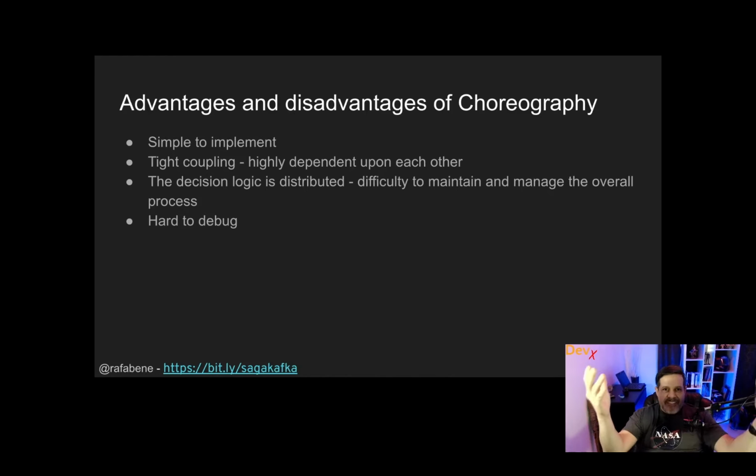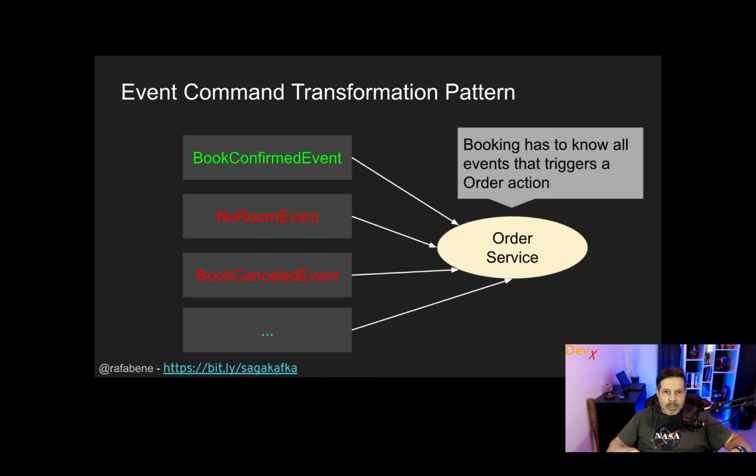So what are the advantages and disadvantages of choreography? Well, first, choreography is really simple to implement. You saw it's really simple, but we have tight coupling because the services are highly dependent on each other. The decision logic is distributed, which is hard to maintain, hard to debug, and really hard to manage the state.